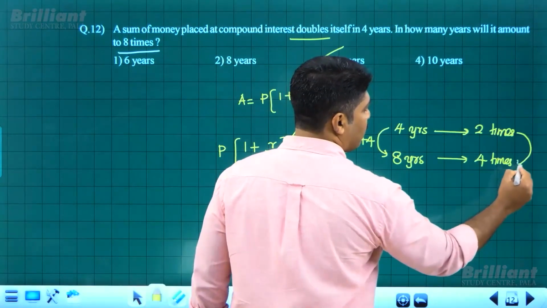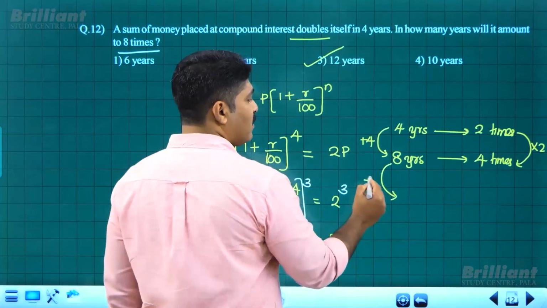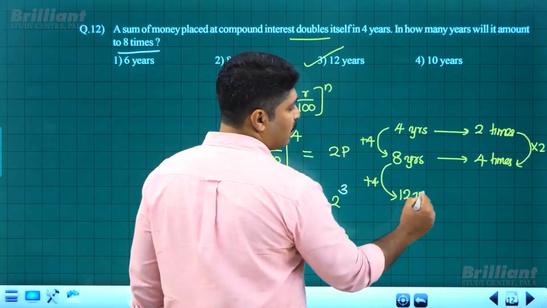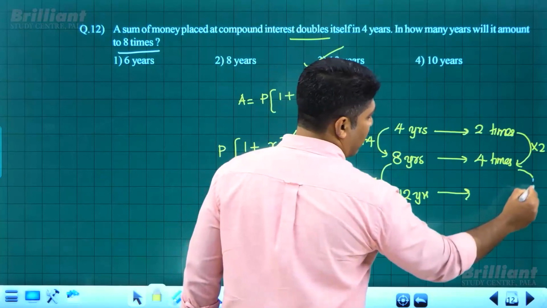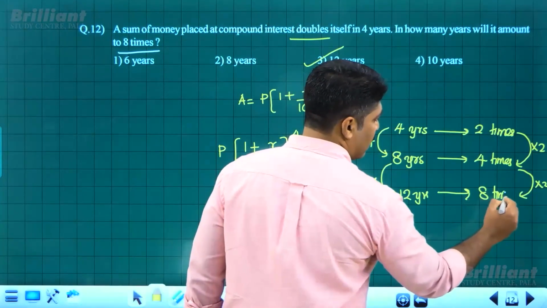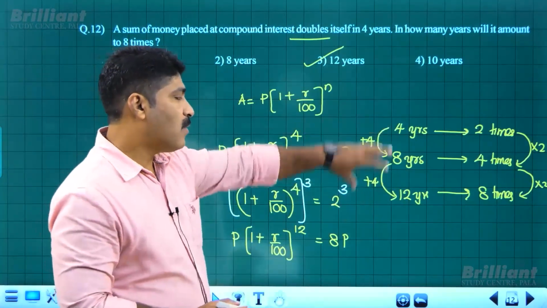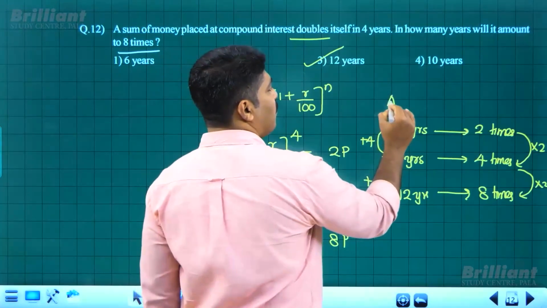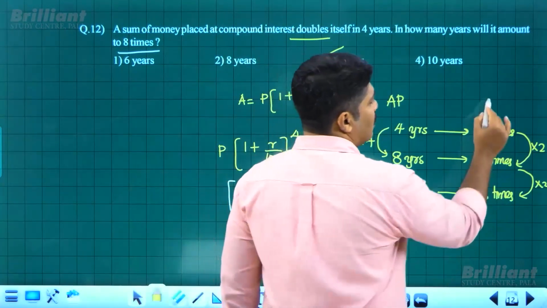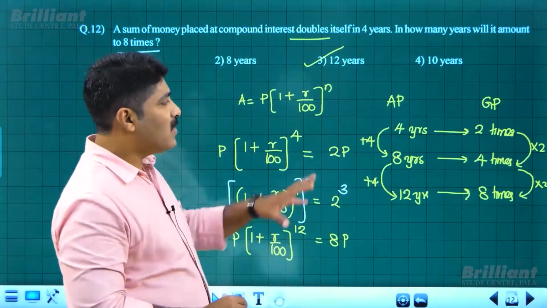We have to multiply it with 2. And again, plus 4 here. In the case of years, you have to add the value. So in 12 years, we multiply it with 2 again, so that is 8 times. Like that, this pattern expands: the number of years expands in the form of an arithmetic progression, whilst the number of times expands in the form of a geometric progression. So this is the relationship.